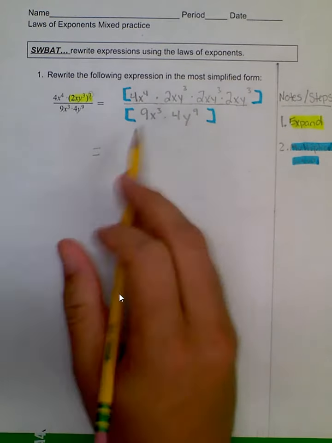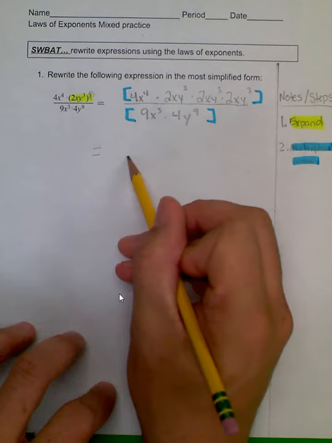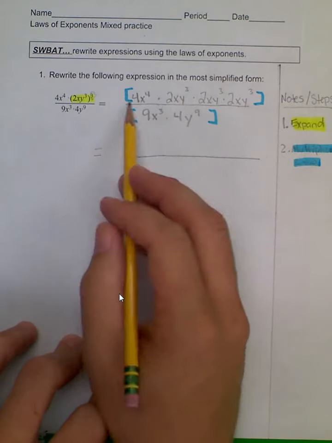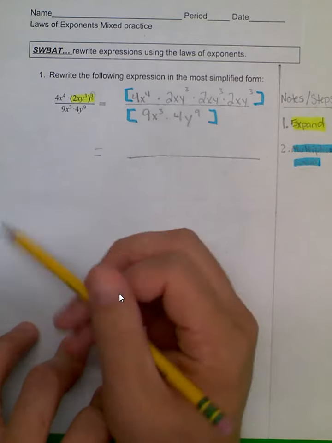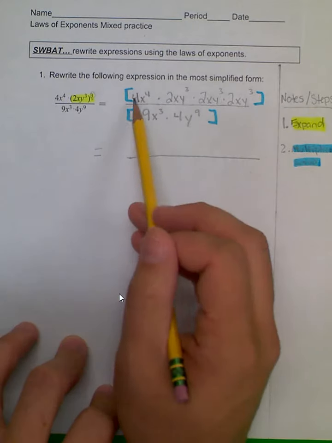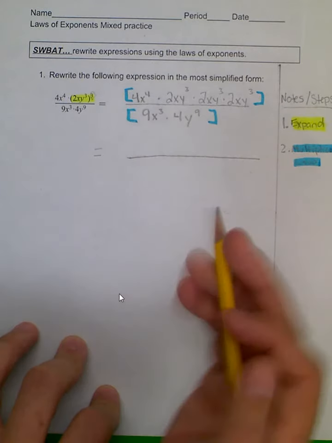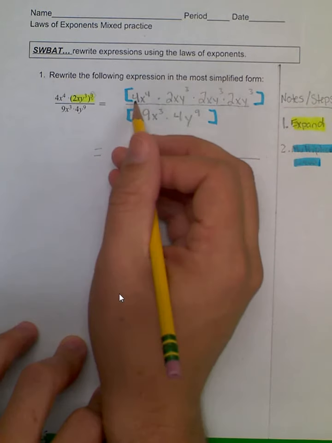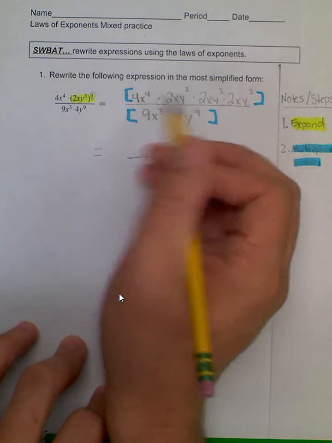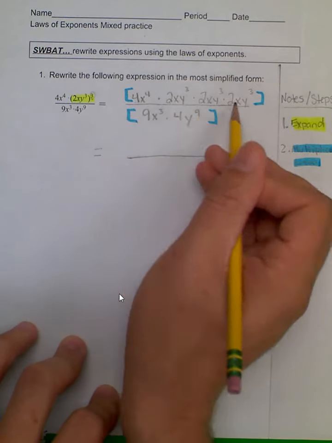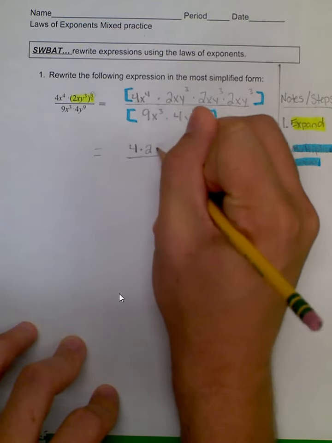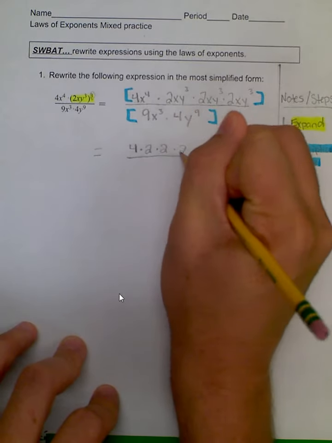And again, I'm going to keep my expression in the form of a fraction. And using the commutative law, I'm going to rearrange this top part to multiply all of the stuff that's similar. So I'm going to start with just the coefficients of the numbers. 4 times 2 times 2 times 2.